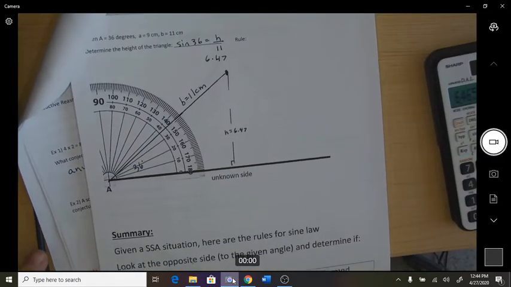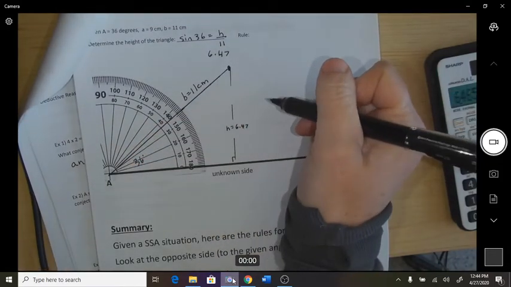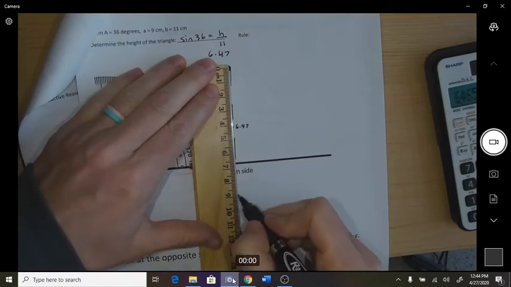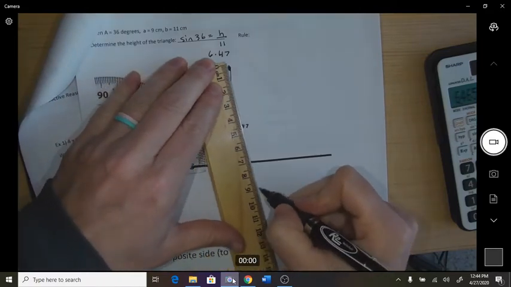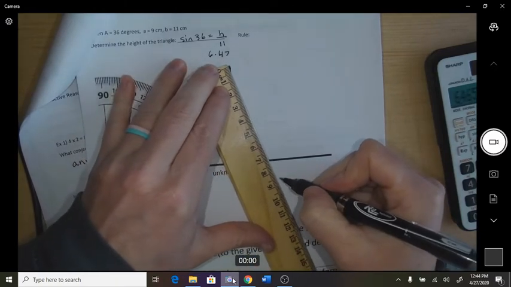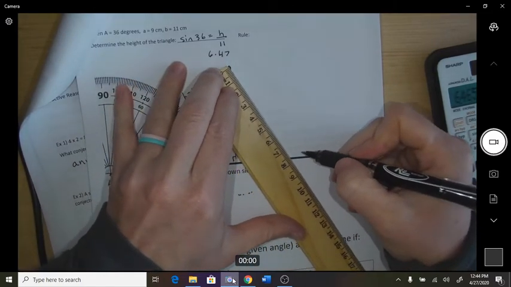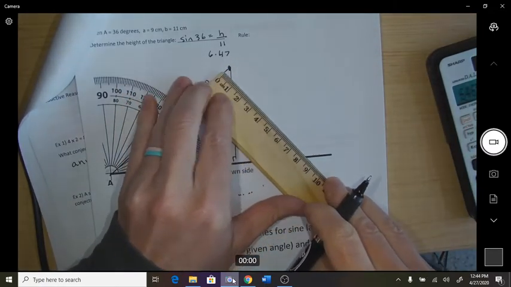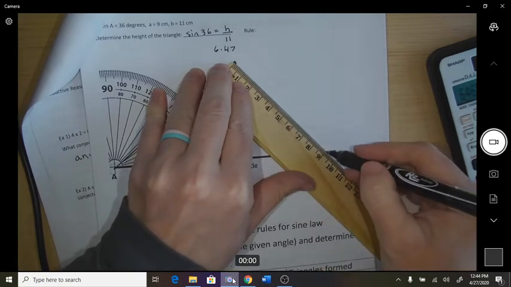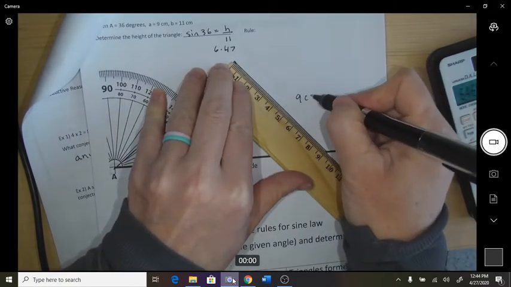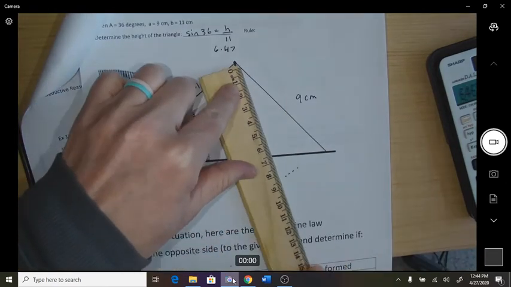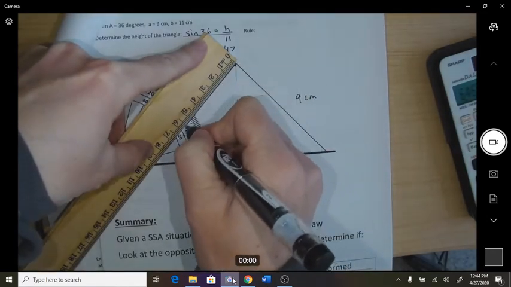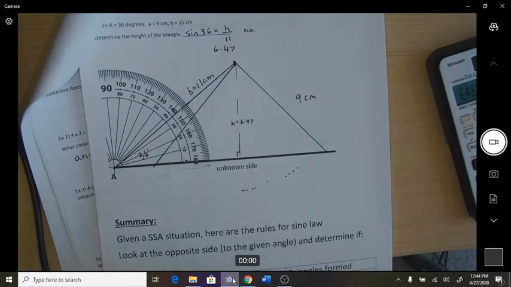Okay, so now the opposite side is 9. So where does 9 occur? So 9 occurs down here, so if I swing it around, I could form my triangle right here. Whoa. So that meets the line, but I also noticed that it meets the line over here.